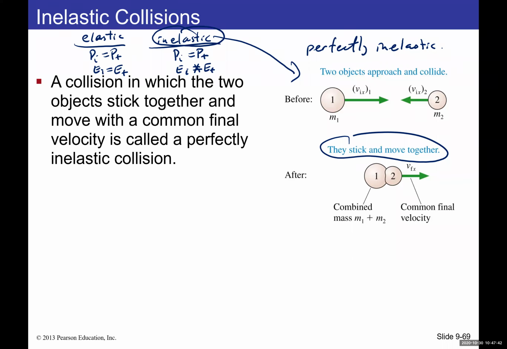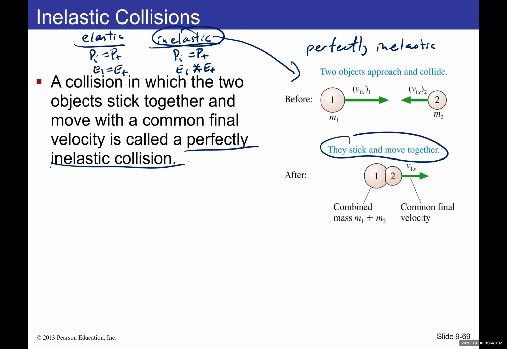Perfectly inelastic is when they stick together. It doesn't mean every inelastic collision has objects that stick together. No. But when they do, we can call that perfectly inelastic or completely inelastic, and we know right away that it's an inelastic collision.